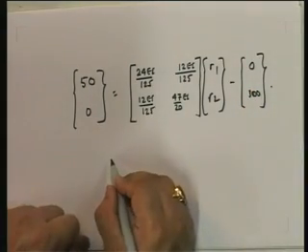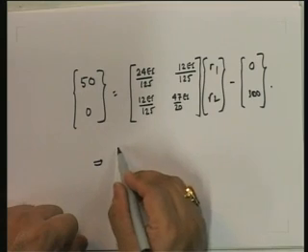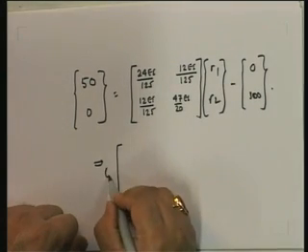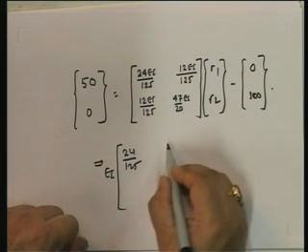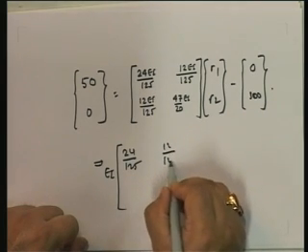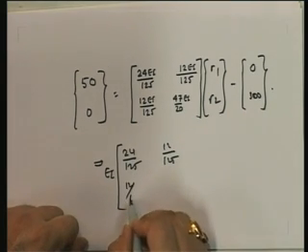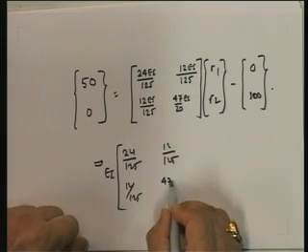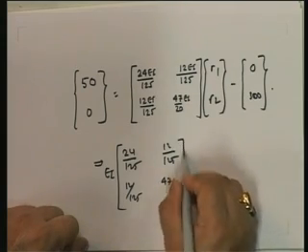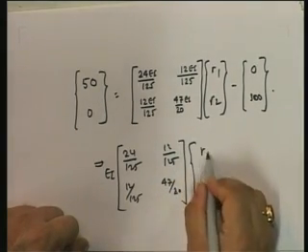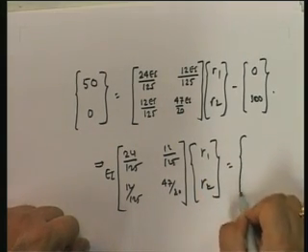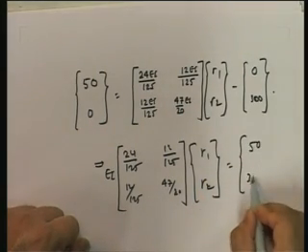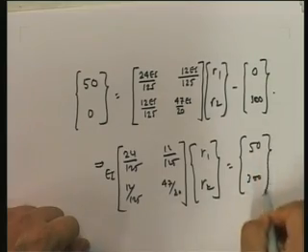I can take this on this side. Putting EI outside, 24 upon 125, 12 upon 125, 12 upon 125, 47 upon 20, times R1, R2 is equal to 50, 300.